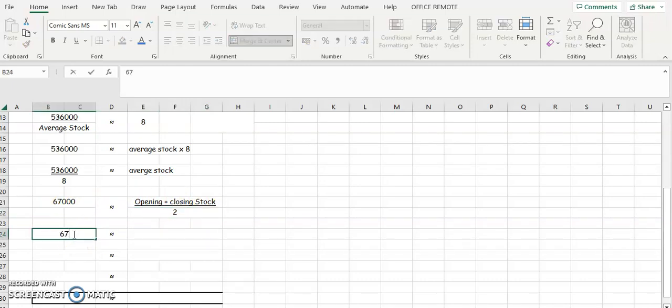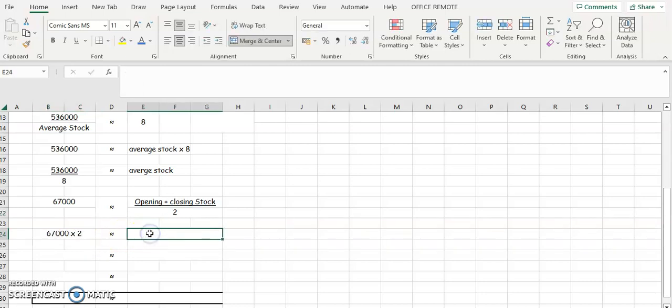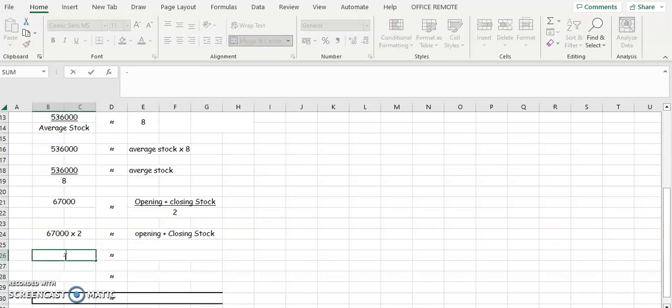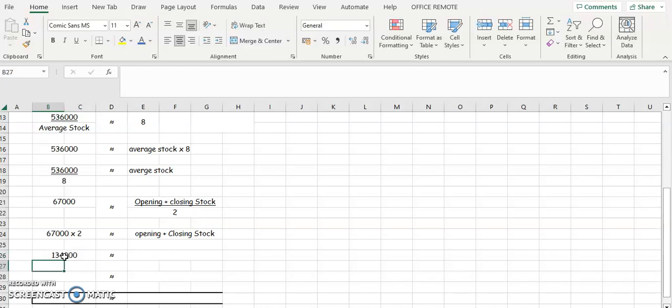If it's division on one side, when we bring it over the equals, it becomes multiplication. So 67,000 multiplied by 2 gives 134,000, which is equal to opening plus closing stock.